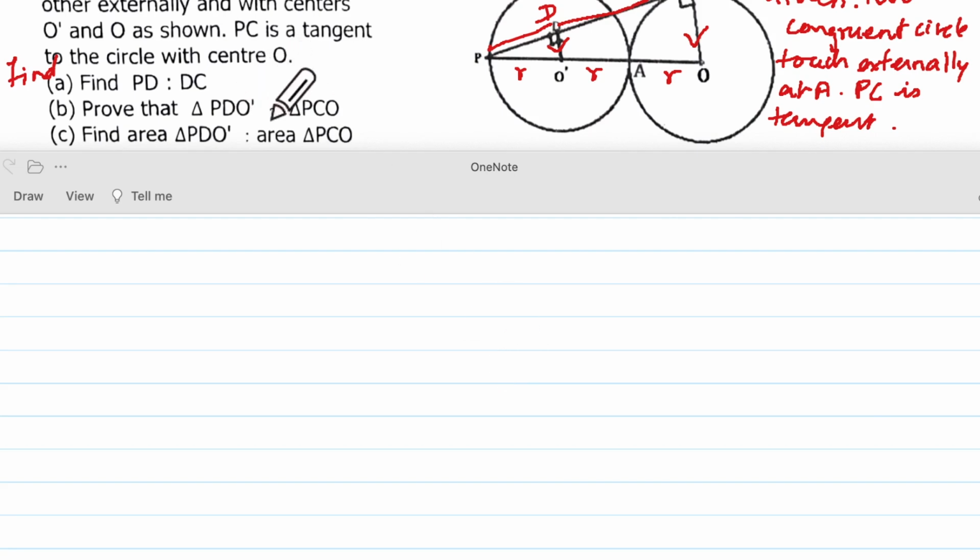Because then they are telling you, second step, prove that this is similar to this. Understood, no? Which means this should be your second step to prove that they are similar, okay?